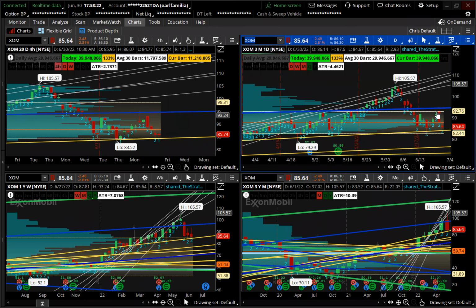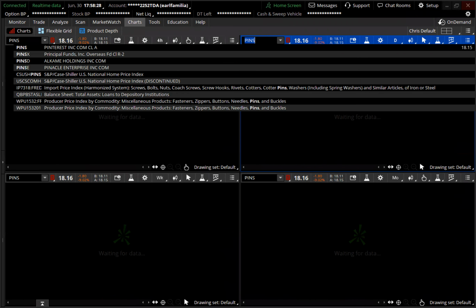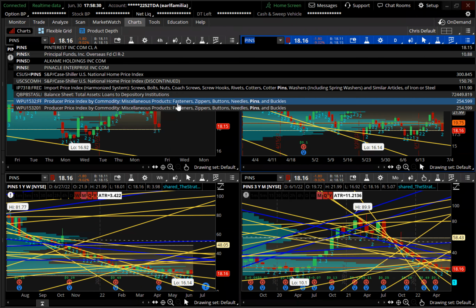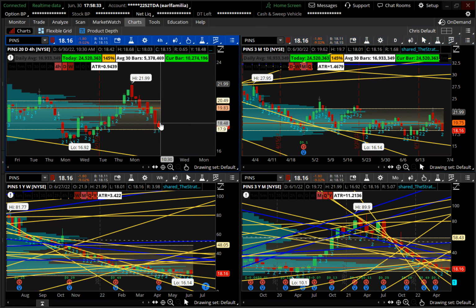So again, we got 2 candles flipping tomorrow. Pinterest, 212 on the 4 hour below $18.03. That'll be continuation on the day, outside day as well.